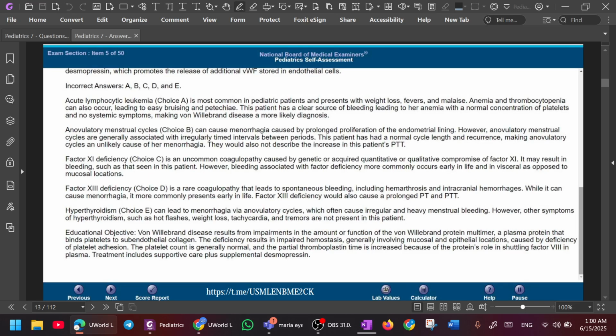PT and PTT, I think they'll be normal. So bleeding time is high in this bleeding disorder.